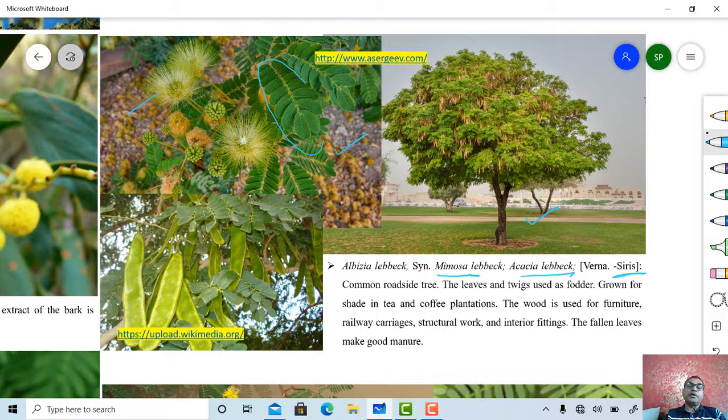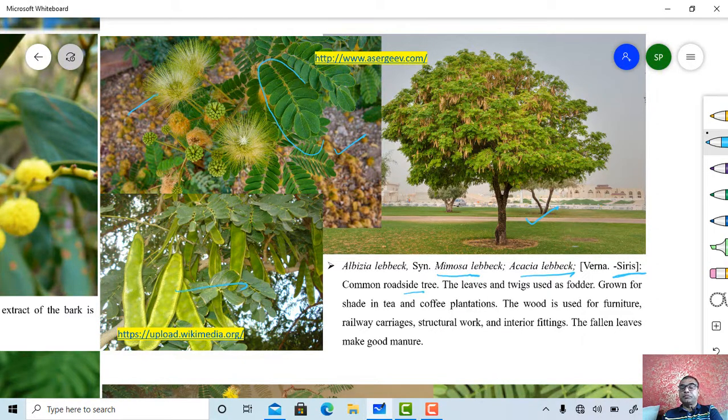Either this inflorescence may be called a cymose head, or this one may be considered a capitate type of inflorescence. These are the legume types of fruits present in the Albizia plant. So this one is a common roadside tree.